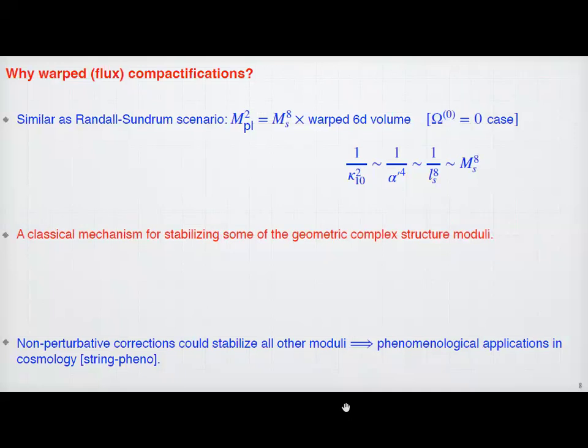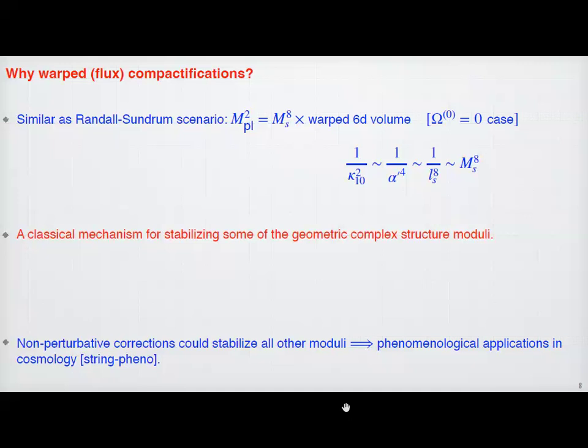This side is the 4D Planck mass, and this is the fundamental string mass, but there is a warped volume. Since we do not need to go to very large extra dimensions, because if we take strong warping, it is already very large, the fundamental string mass can be lowered below this. So this is exactly like the RS scenario.